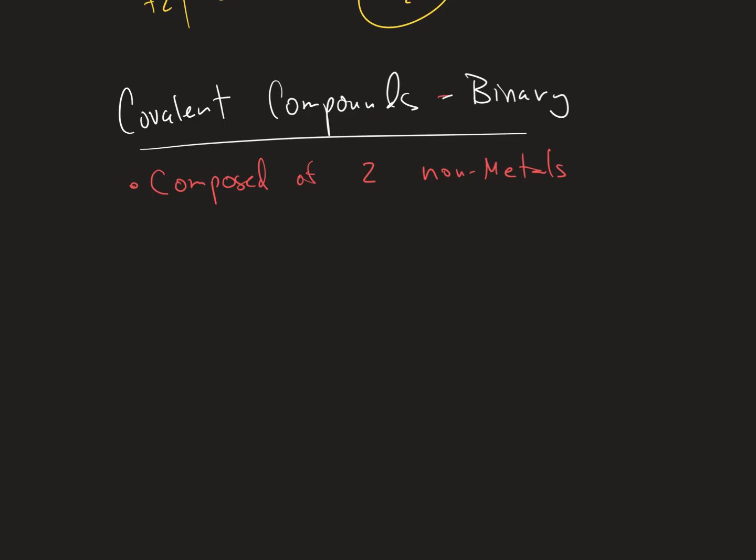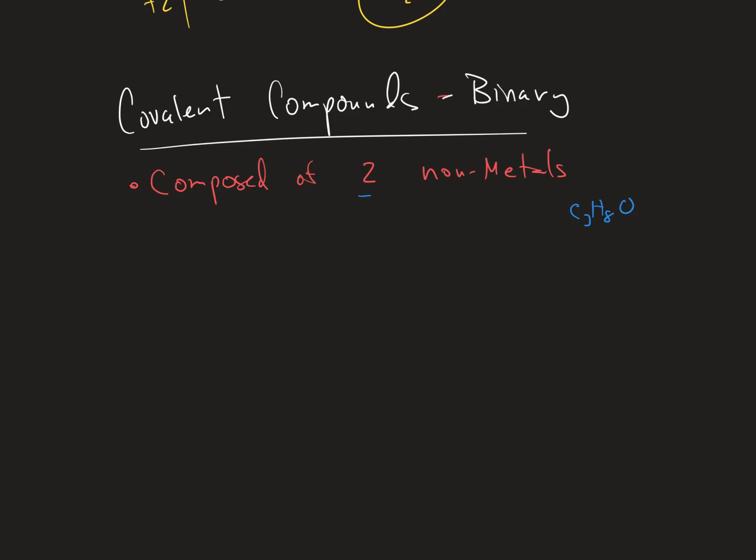So covalent compounds are made of, when I say binary, there's only two, so two nonmetals. We can have covalent compounds that are made of more than two nonmetals, but just nonmetals. If you take higher chemistry, like organic chemistry, then you get into compounds like C3H8O.